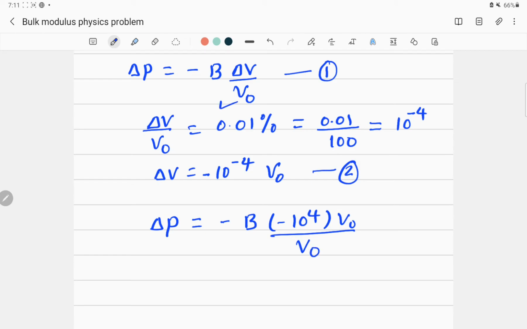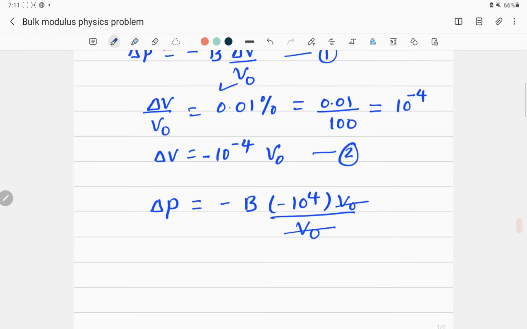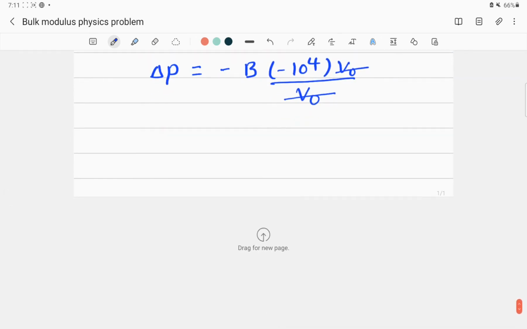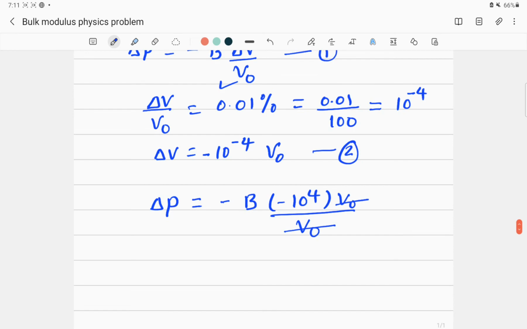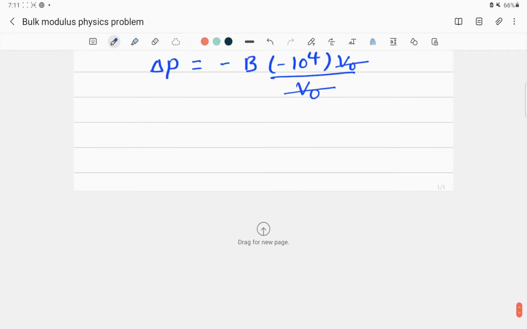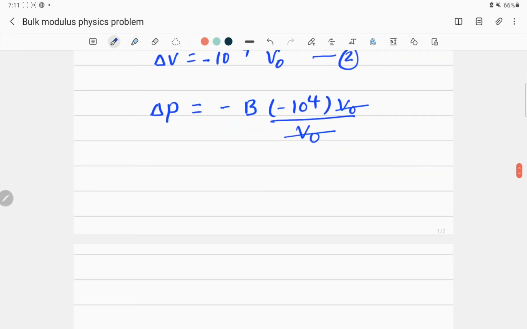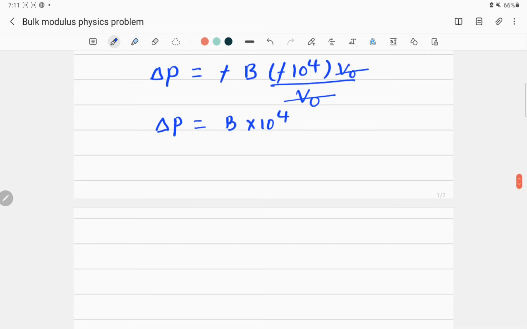The V naught and V naught cancel, and the negative signs also cancel, and you end up with ΔP equal to B into 10^4... sorry, 10^-4 with the sign handled.